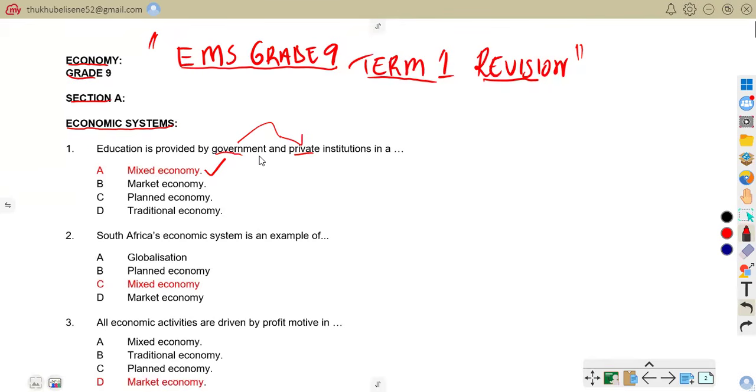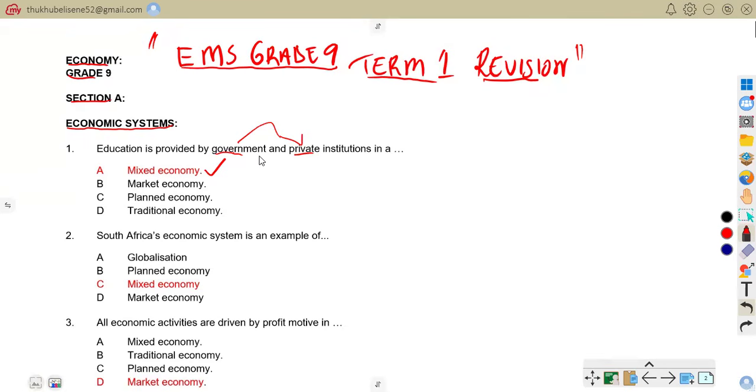A mixed economy has both government and private institution providing services. Education in many countries like South Africa is provided by public government schools and private schools. That is why it is a mixed economy.